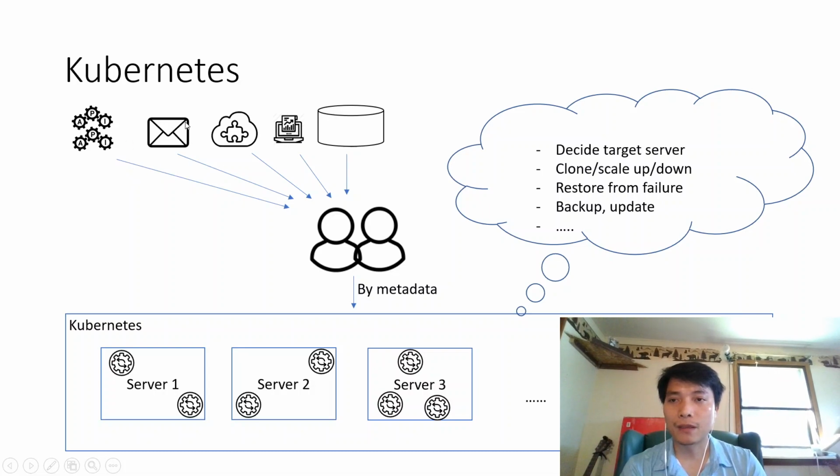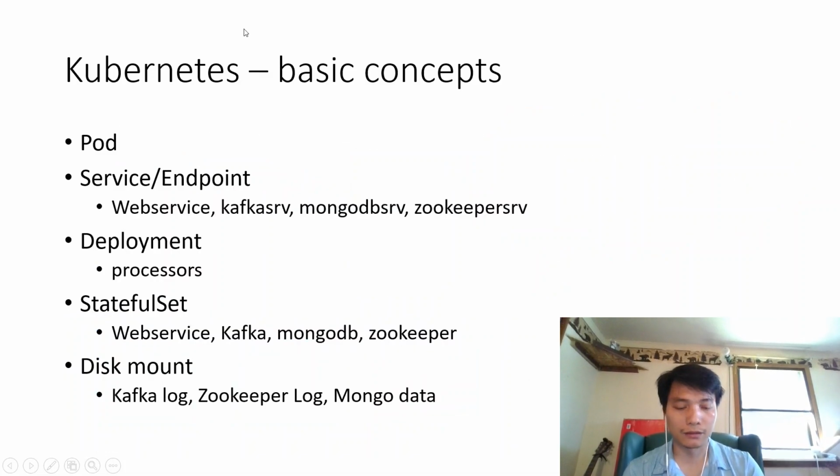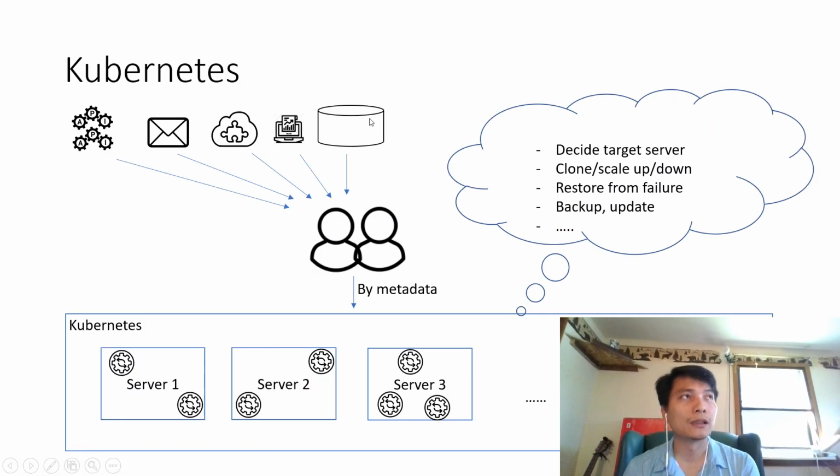For example, we have Kafka deployed as a stateful service, so only one pod of Kafka will handle requests. Or we have MongoDB deployed as a stateful service, so only one pod will handle requests to the MongoDB application unit.